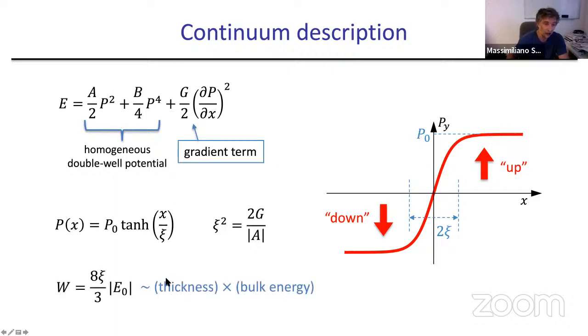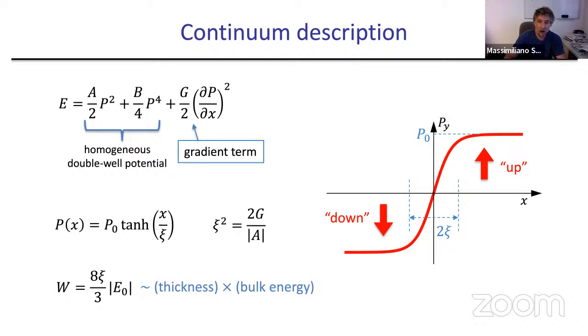From this, we can calculate many interesting properties of the wall, like the energy, for example, which is given roughly by the thickness of the wall times the bulk energy, which is the minimum of the Landau potential.